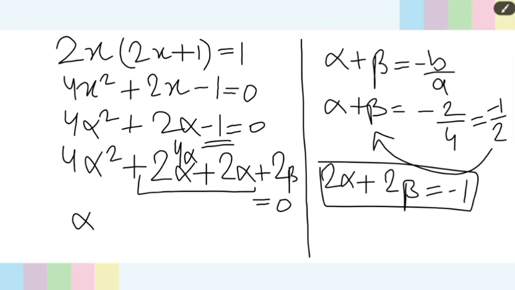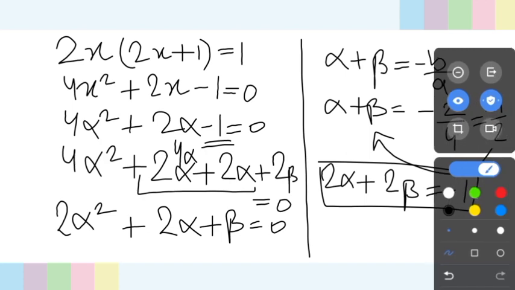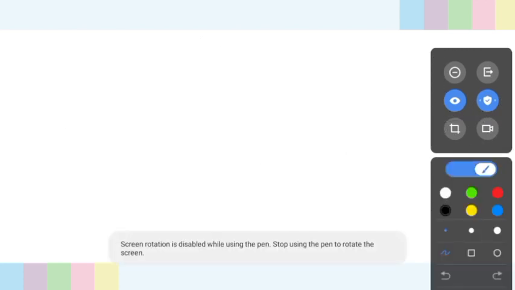So if we divide this equation with 2, we'll be getting 2 alpha square plus 2 alpha plus beta, which is equal to 0. I'll be remembering this because I'll have to erase the entire screen. We have 2 alpha square plus 2 alpha plus beta, which is equal to 0.